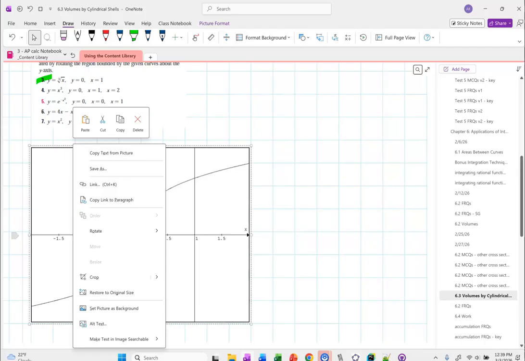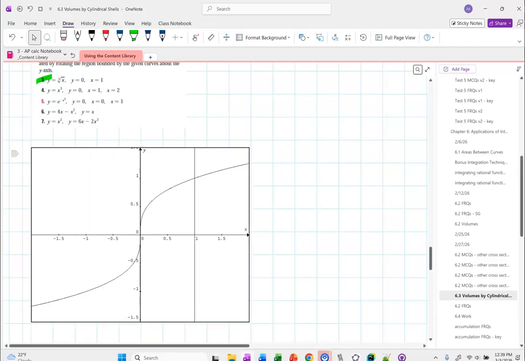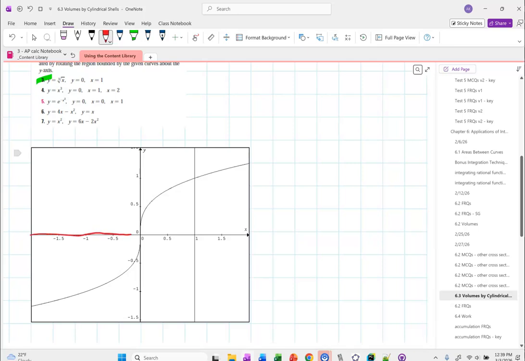If I look at number 3, this is our picture here. So this is the graph of cube root of x. And we have y equals 0, x equals 1, and our curve. So this is our shaded region. Try to set this up using a shell method. Oh, it says we're rotating about the y-axis.